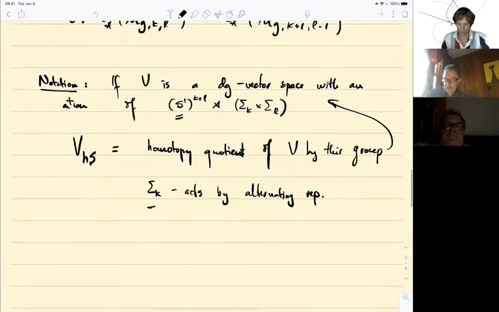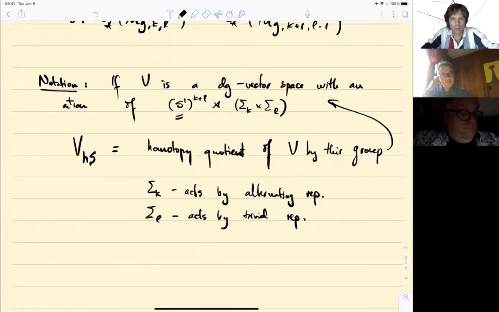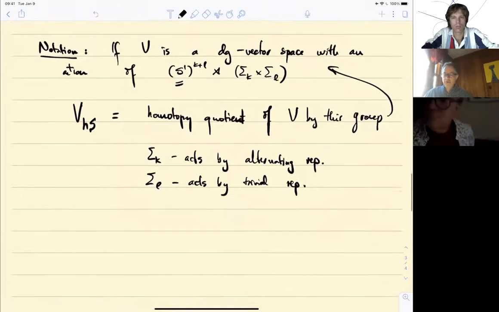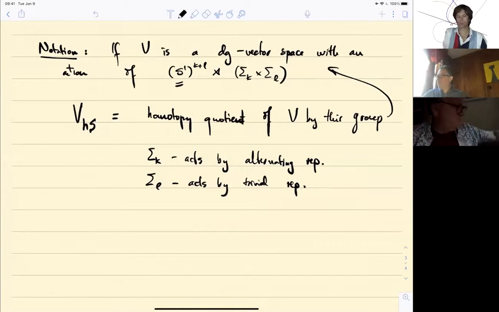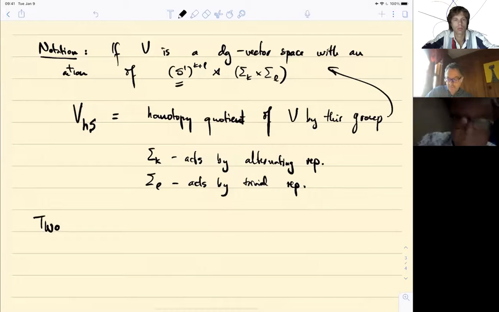And sigma L, I let it act by the trivial representation. So maybe I'm not saying this in a very clear way. What I'm doing is I'm taking V, I'm tensoring it with a non-trivial one-dimensional representation, the alternating representation on K elements, on the inputs, and then taking the co-invariants. So I want to clarify a little bit what this means in some concrete cases. So 2 concrete examples.